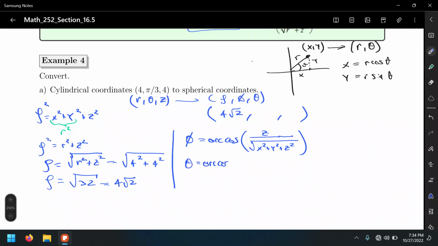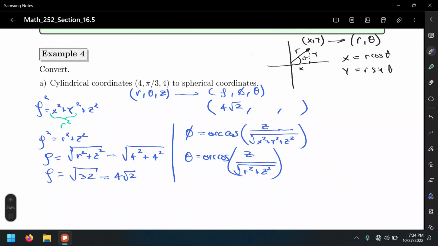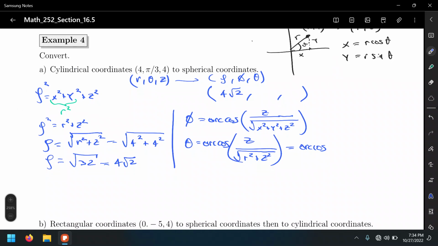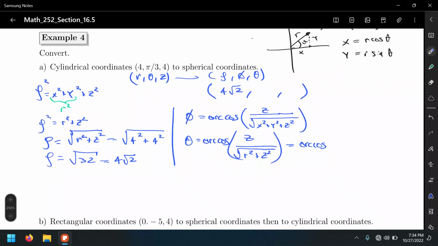That's arc cos of z over the square root of r squared plus z squared. We know what r is, we know what z is in this case. So that's arc cos of z, which is 4, over this quantity that we actually calculated before, 4 root 2. Cancel the 4's.